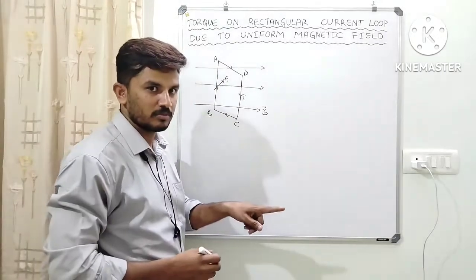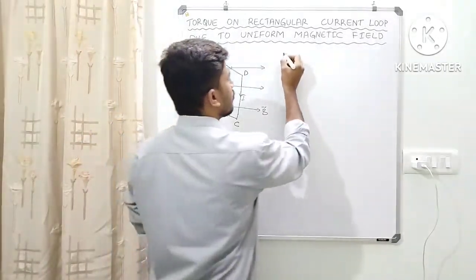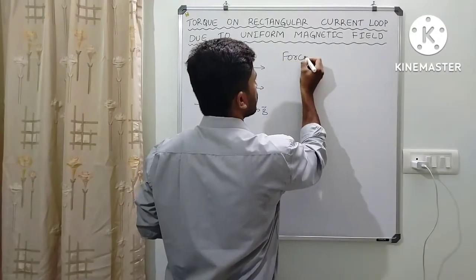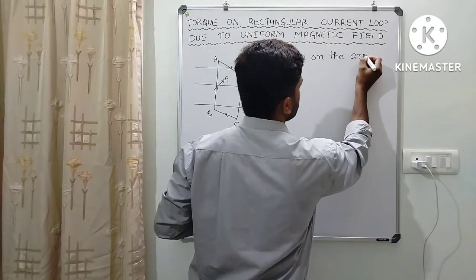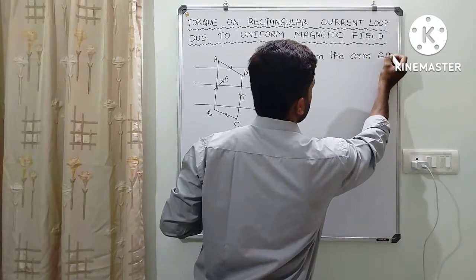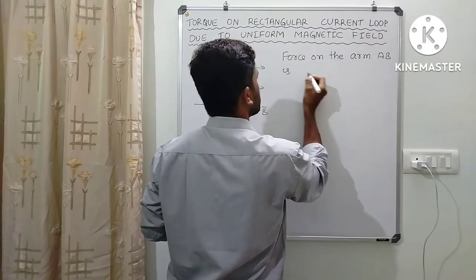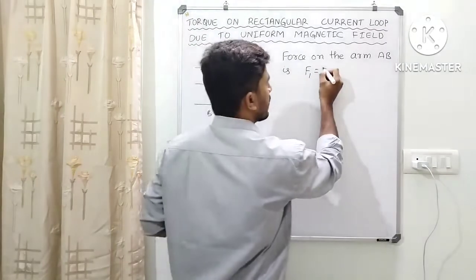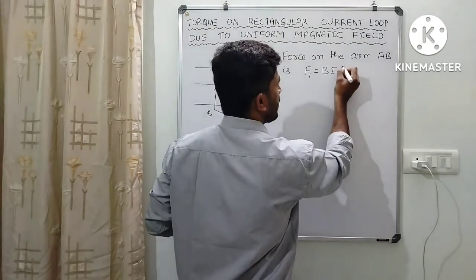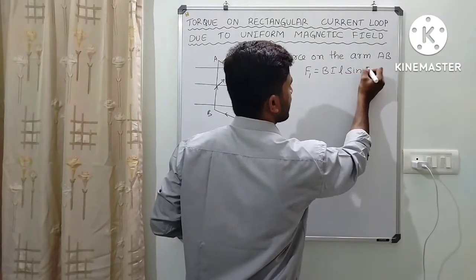The force on the arm AB is F1 = BIL sin theta.